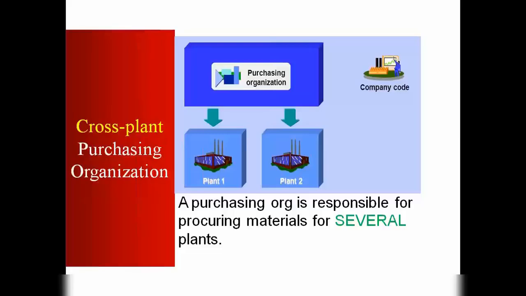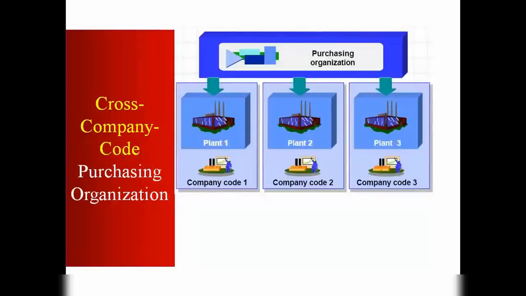And then we have cross company code. We have cross company code purchasing organization. Same as the previous example, where the purchasing organization is common for the plants, but those plants can belong to different company codes. For example, one plant in Australia, one in Canada, one in the US. All three of them belong to the same purchasing organization.